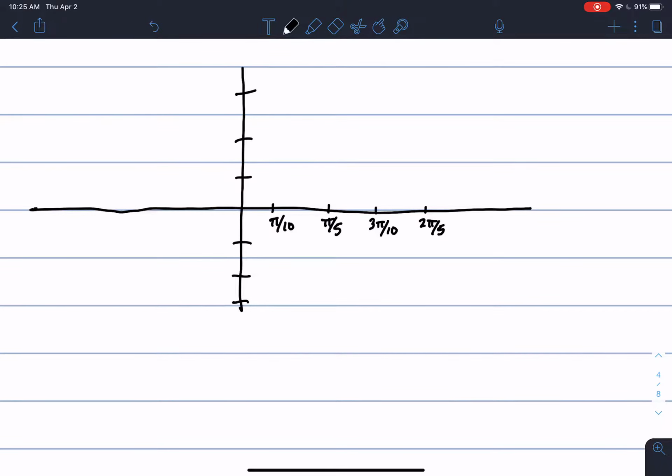So that's one cycle. Then 5 pi over 10, which is pi over 2, 6 pi over 10, which is 3 pi over 5, 7 pi over 10, and the last one, 8 pi over 10, or 4 pi over 5.